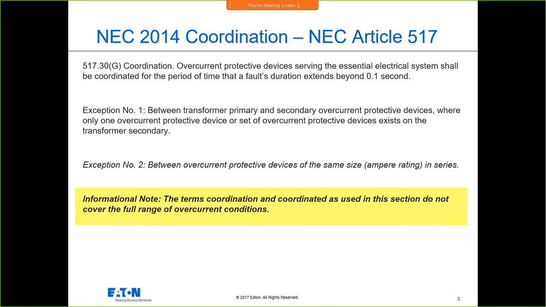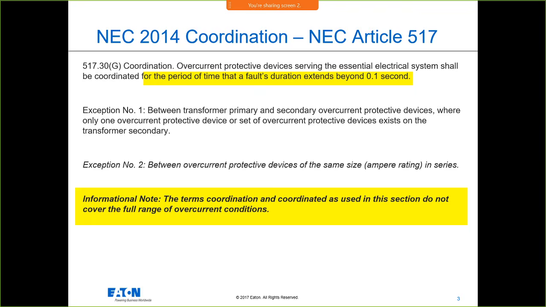This is the 14 code and it didn't change beyond that. Then 517.30, we may have changed the number in the 2017 or 2020 code, but the language reads: overcurrent protective devices serving the essential electrical system shall be coordinated for the period of time that a fault's duration extends beyond 0.1 seconds.